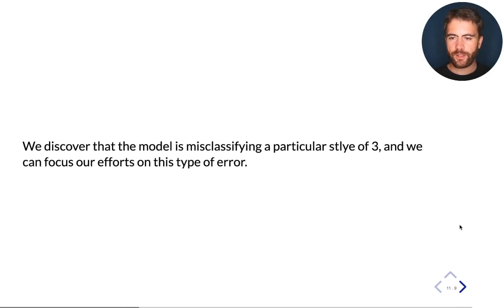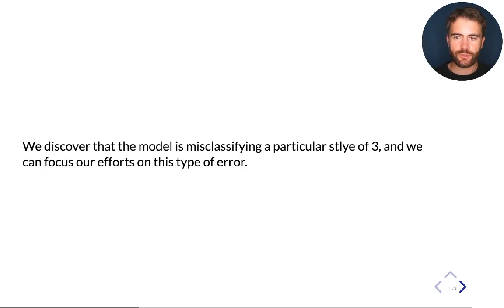So by inspecting the errors in this case, we have identified a particular type of error, which is that there is a certain style in which we can write a 3 that is causing the model to make errors. If we wanted to investigate this further, we could look more deeply at why the model is making this particular error on those 3s, and we could propose fixes, or perhaps give it more examples of those 3s.